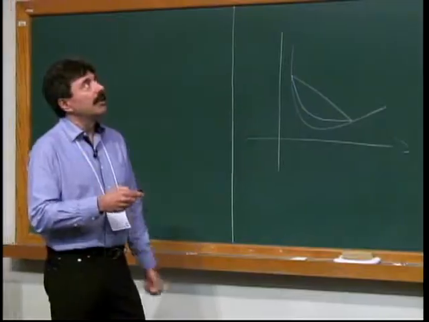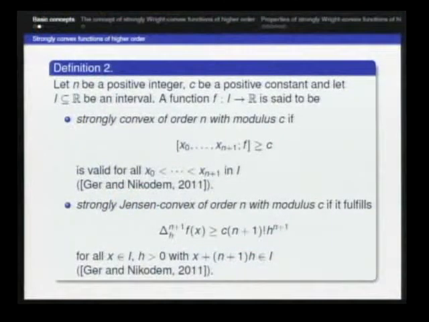Concerning notation, this is the divided difference of the function f belonging to the points x0 and so on, x n plus 1, and this is the linear difference of order n plus 1 of the function f at the point x with step size h.